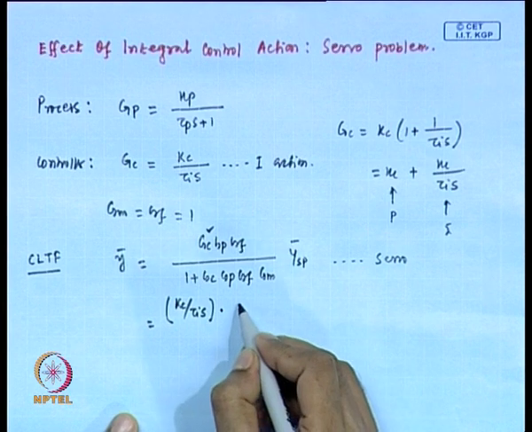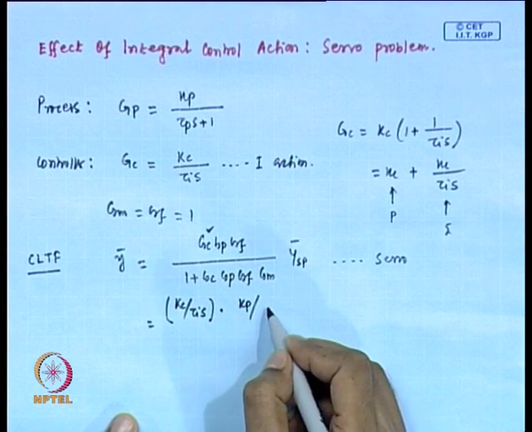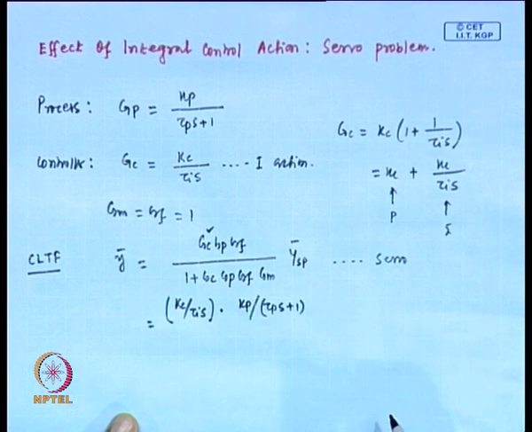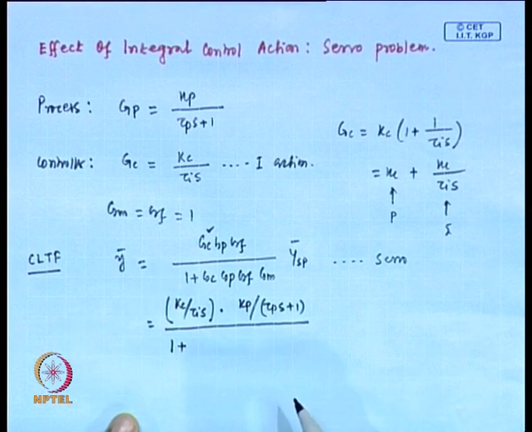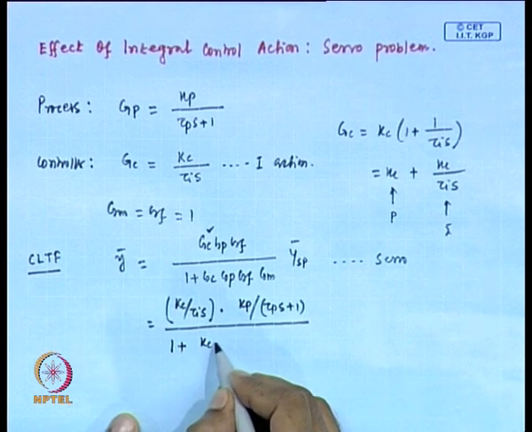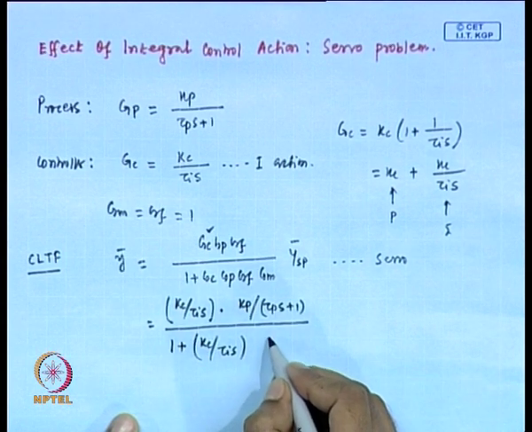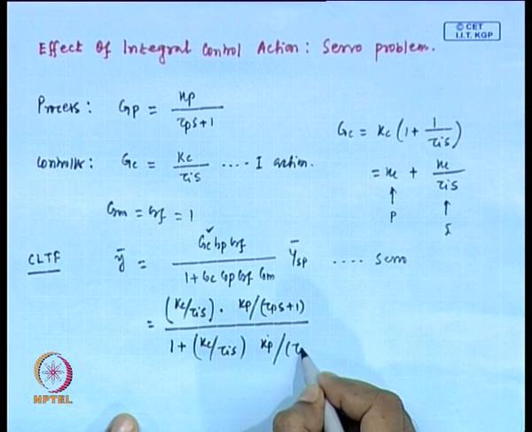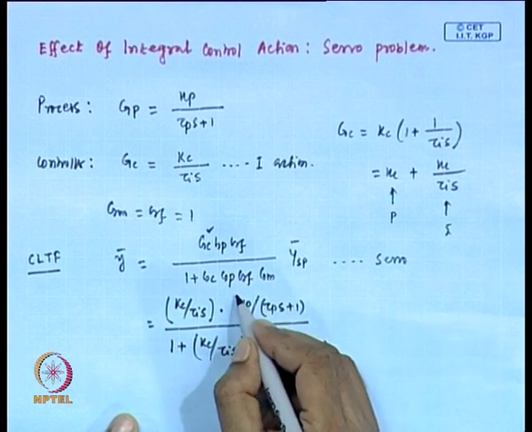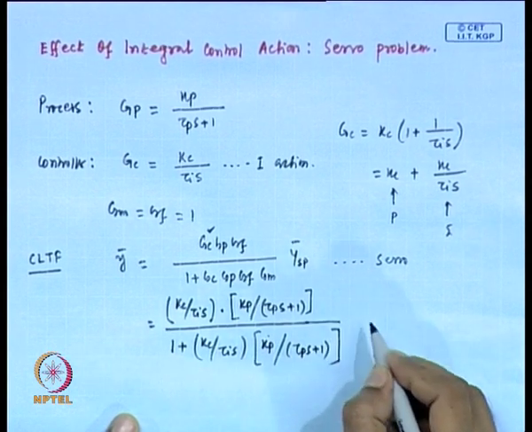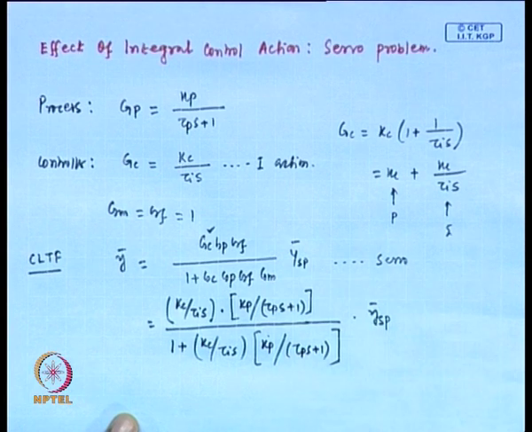Gp is Kp divided by tau P s plus 1, and Gm is equal to 1. Then 1 plus Kc divided by tau I s multiplied by Kp divided by tau P s plus 1, and y set point.